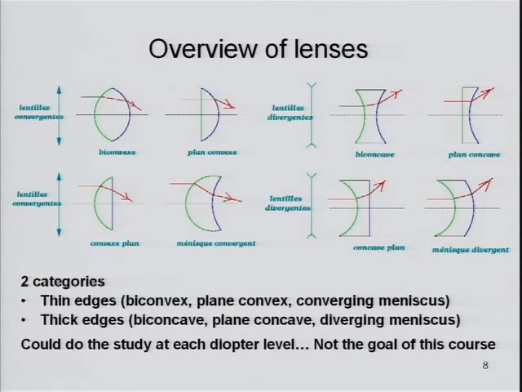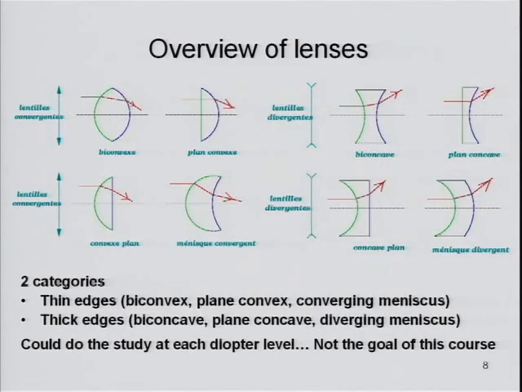I think most of us know that there are mainly two types of lenses, concave lenses and convex lenses. Convex lenses have the tendency to make the incoming beam of light more converging, whereas it's the opposite for concave lenses.